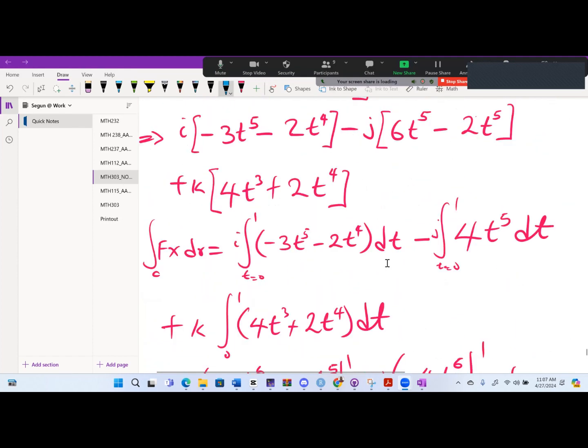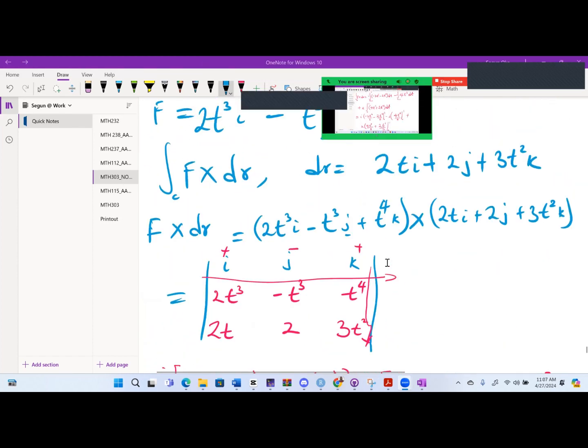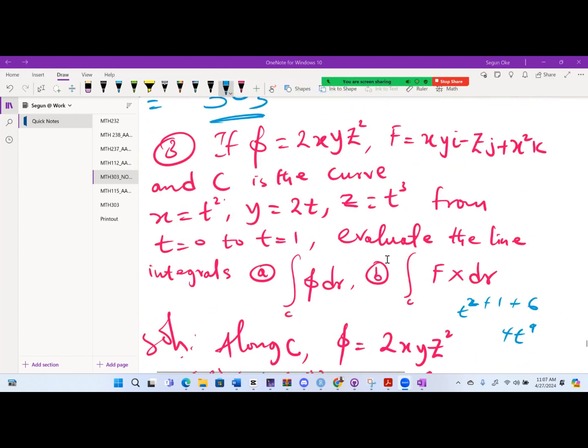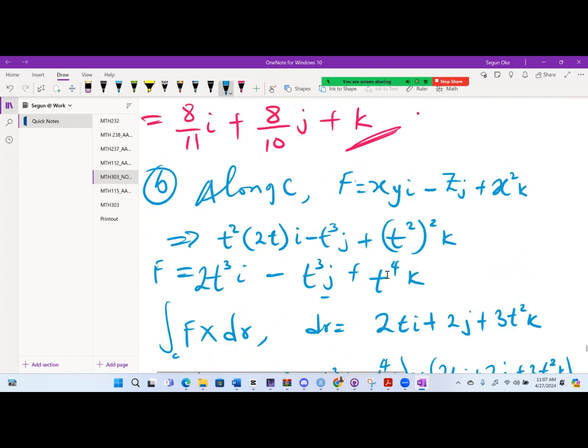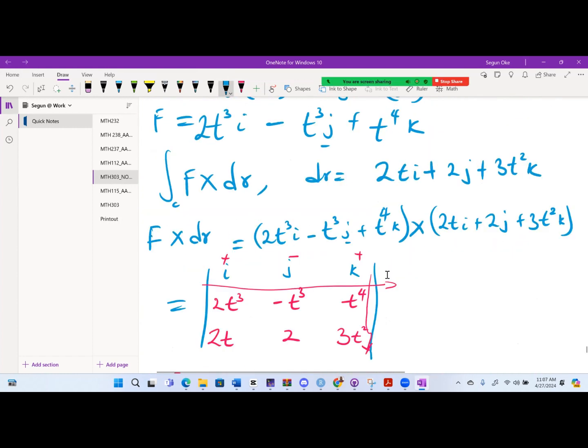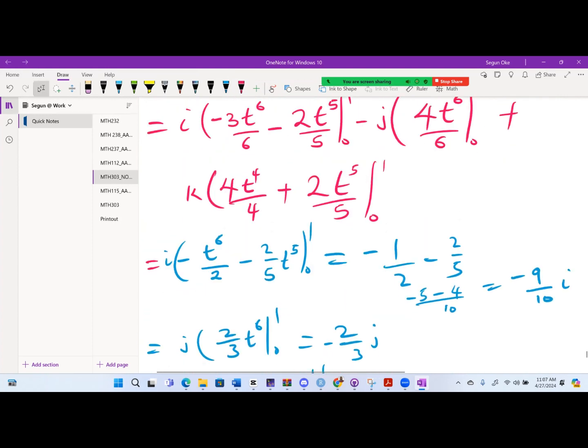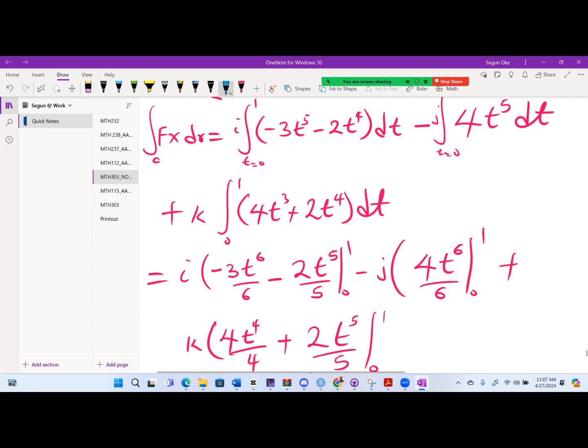So can you see my screen now? Yes, sir. Okay, look at this question. At this point now, look at this. It said t equals to 0 to t equals to 1. Meaning you have the boundary. So at this point, substitute after your solution, substitute t. Now, assuming we are not given t, we will leave our answer in this way. We will not substitute the t.